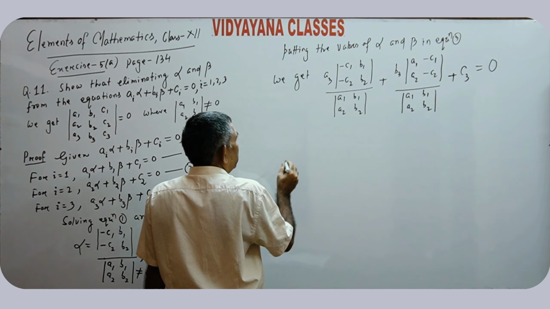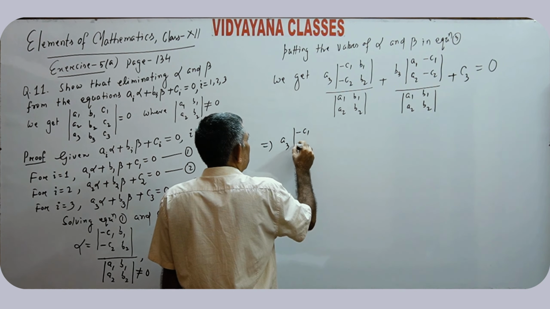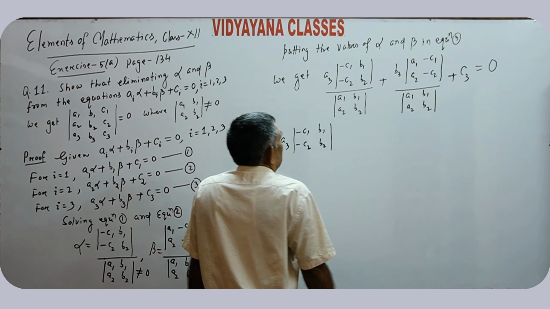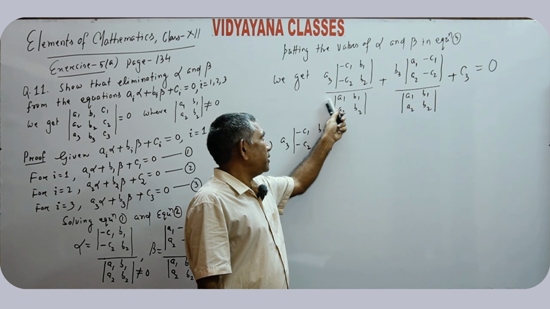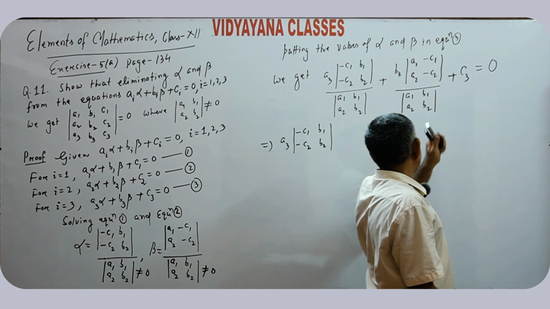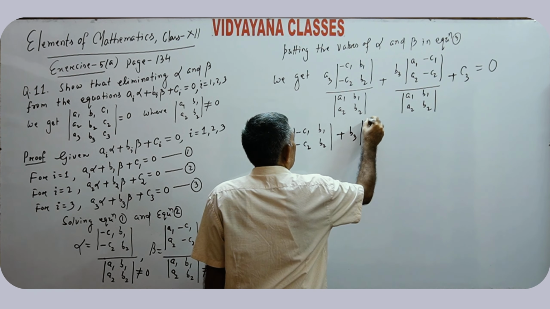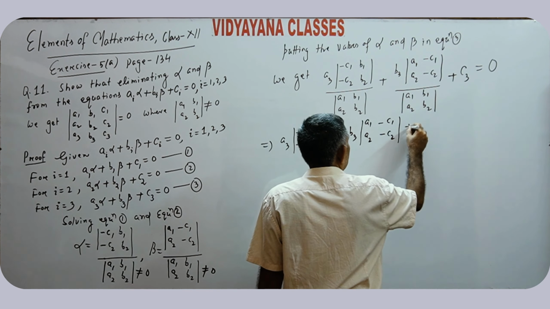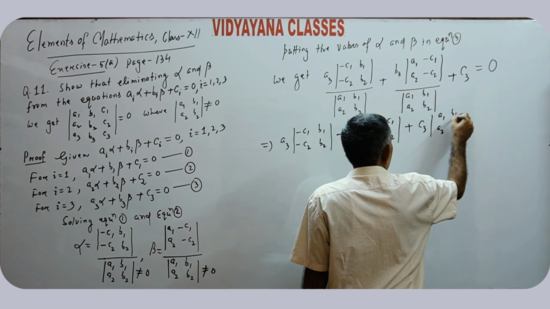Taking the LCM, it gives A3 minus C1 minus C2 B1 B2, or multiplying this determinant at each term, it gives, it is cancelled, C into this, plus B3 A1 A2 minus C1 minus C2 plus C3 into determinant having elements A1 A2 B1 B2.